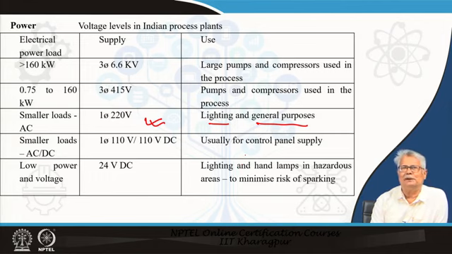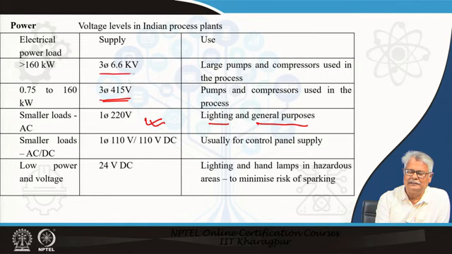Most of the industrial pumps are 3-phase motor run, so it will be 3-phase 415 volts. The pumps and compressors draw much higher power, so naturally you require a 3-phase supply. The large pumps and compressors draw even more power, so they are supplied with 3-phase 6.6 kV motors. So, those are the loads. You can see the corresponding load keeps on increasing as you go up.